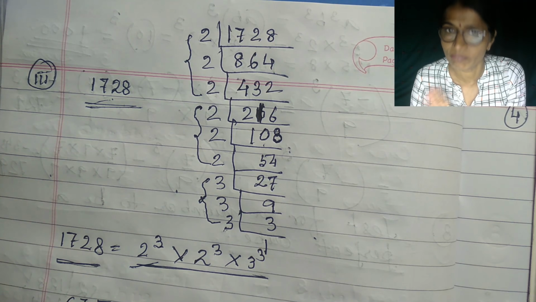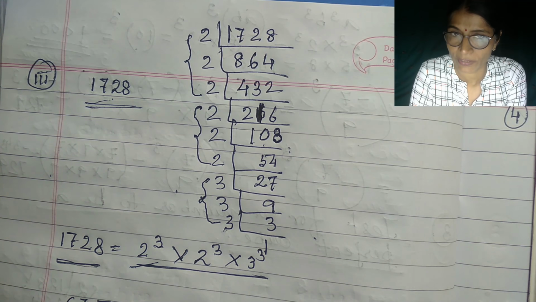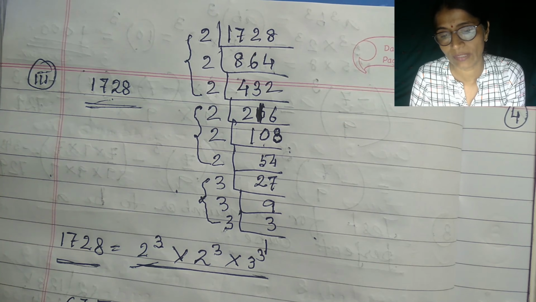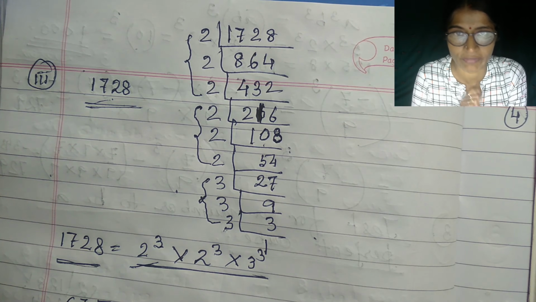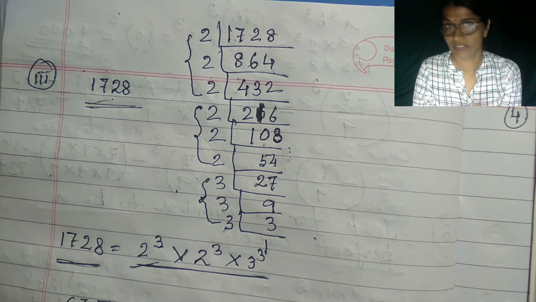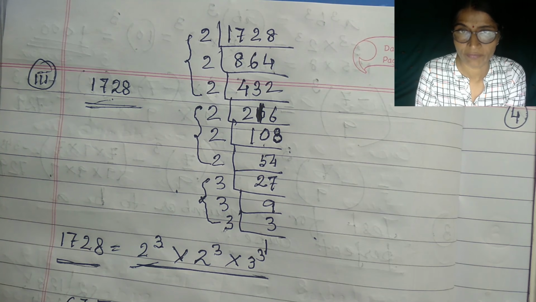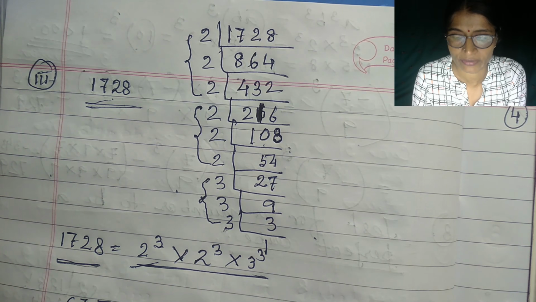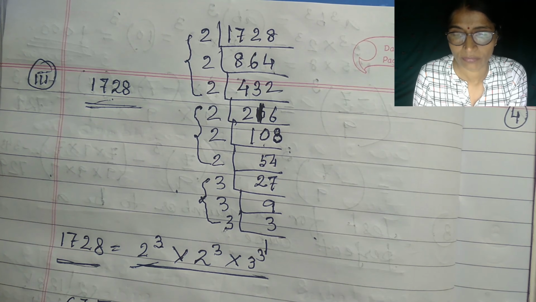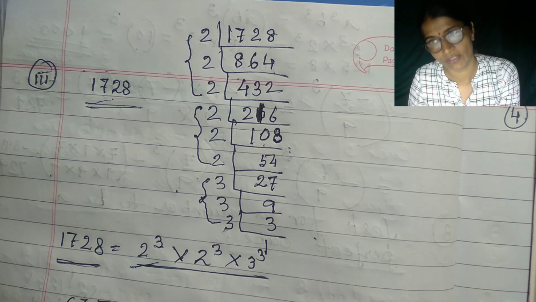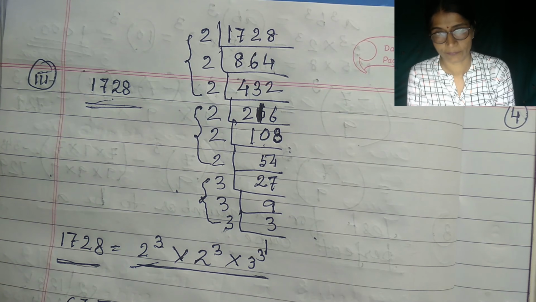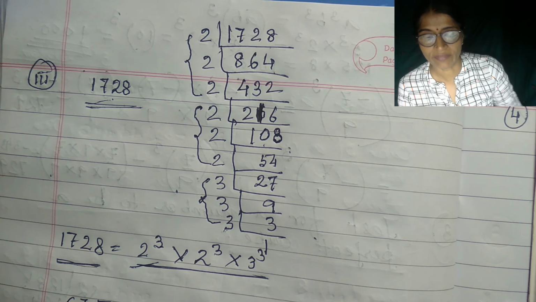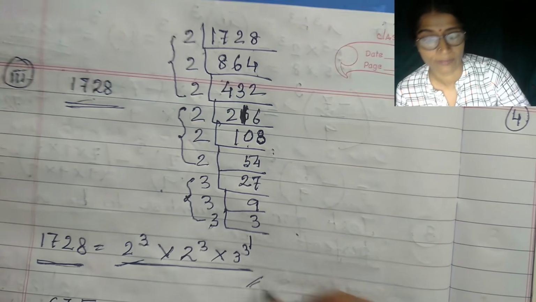If all the prime factors are in triplet form, then the given number is a perfect cube. But if you are not getting the triplet of any prime factor of that particular number, then that will not be a perfect cube. So we have done up to here.